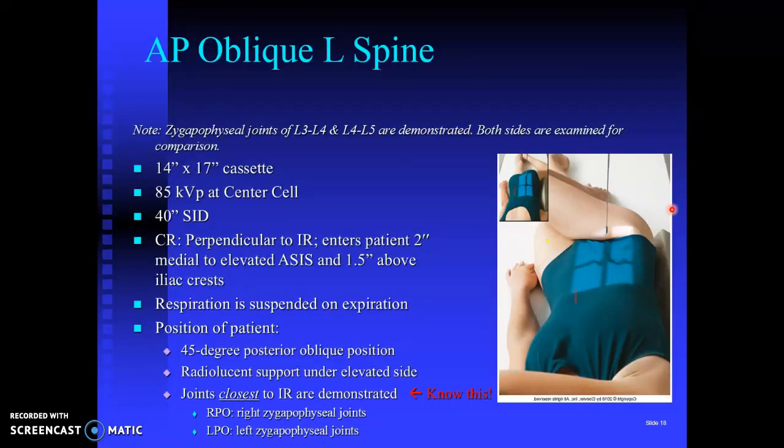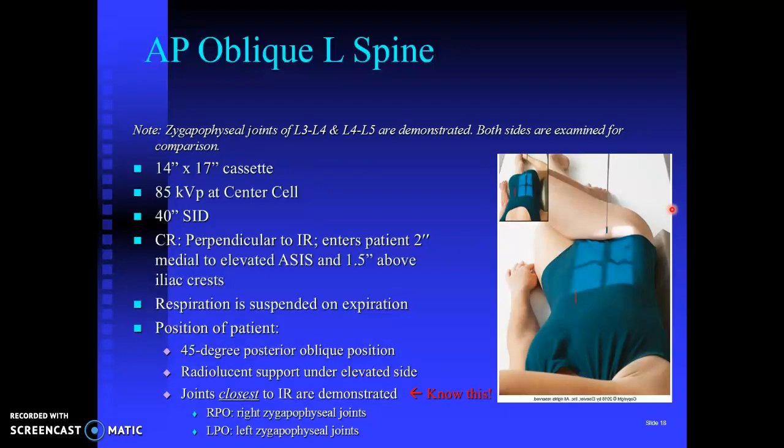Now for the APO-blique of the L-spine, this is to identify the zygapophyseal joints throughout the spine. You can either do an AP or a PA projection, using a 14x17 cassette with 85 kVp using the center cell at 40-inch SID.